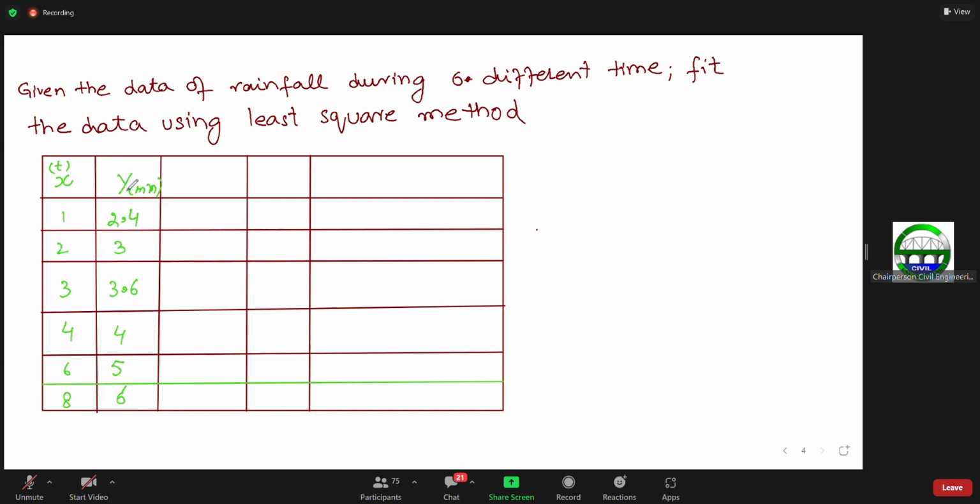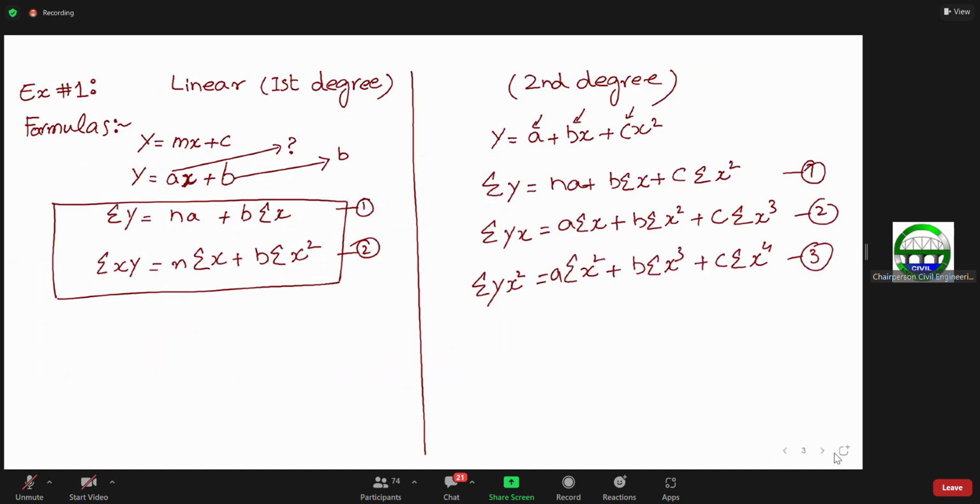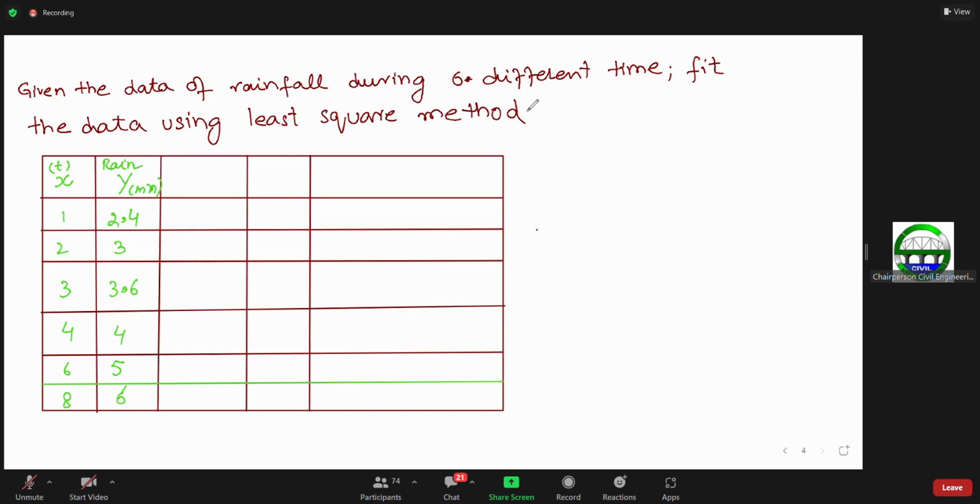These are the rainfall values given. So coming back, we have to fit this one. Maybe they will say fit the curve, linear fit.